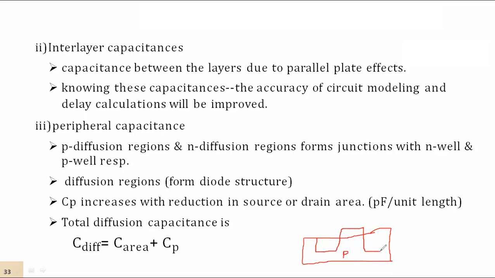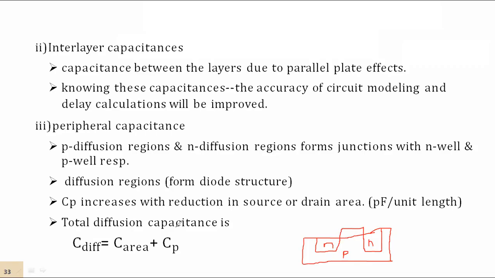If you reduce this N diffusion area, automatically the peripheral capacitance is going to increase. That is in terms of picofarads per unit length. The only thing is CP increases with reduction in the source to drain area. There are predefined areas we have to maintain.